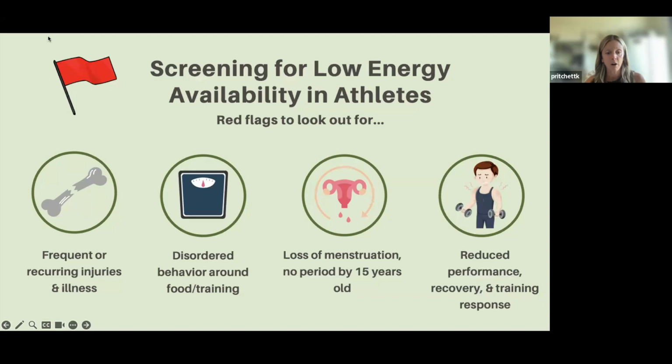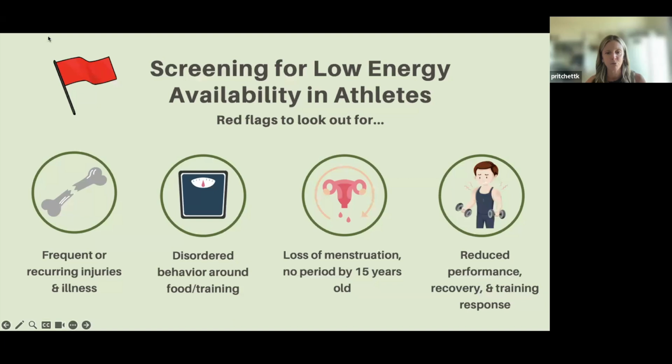Disordered behavior around food. If you're in a team environment, this athlete may not eat, or they may bring their own food. So it's important to be aware of some behaviors around food and training. We mentioned training here as well. This could be an athlete that's doing more than what's prescribed.